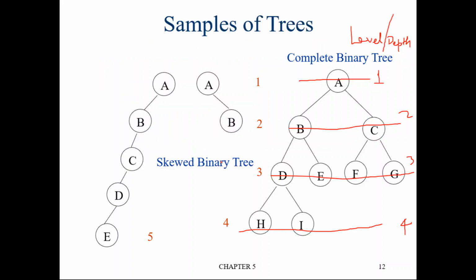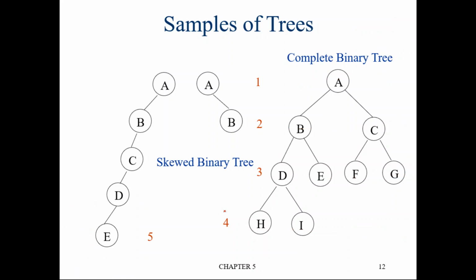So here, maximum this tree can have how many nodes? Maximum it can have another 2 nodes for E, another 2 nodes for F, and G can have another 2 nodes. This is the maximum number of nodes you can have for this tree with level 4.